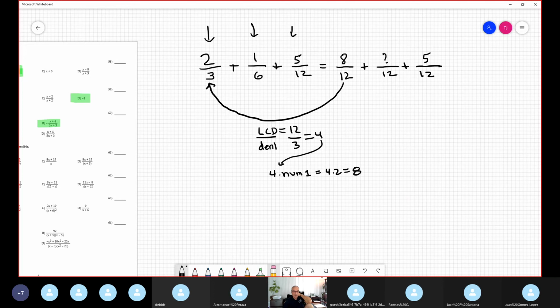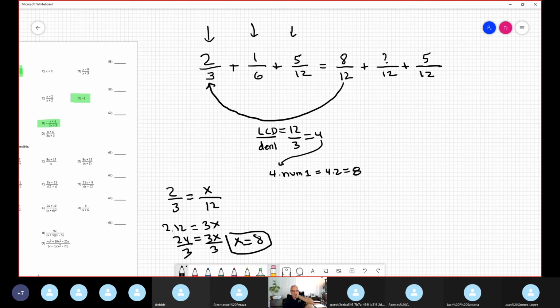Another way to see the problem is, look, 2 over 3 is equal to some x over 12. You apply cross multiplication: 2 times 12 is 24, equals 3x. Divided by 3, it's obvious that x is 8.